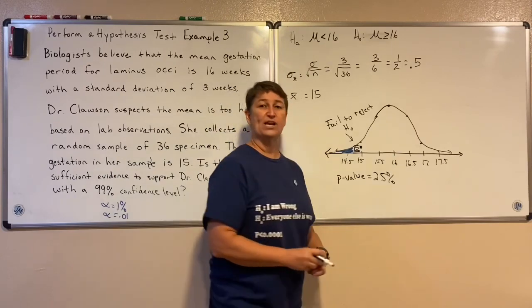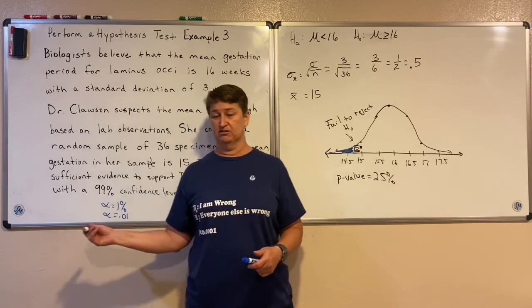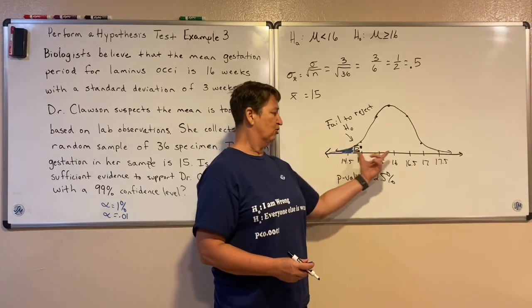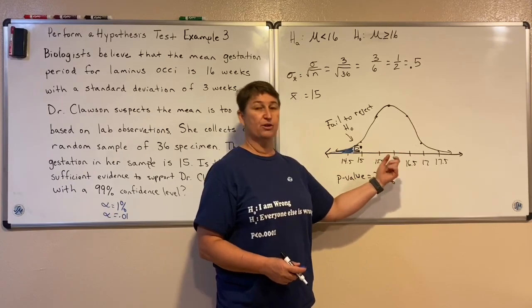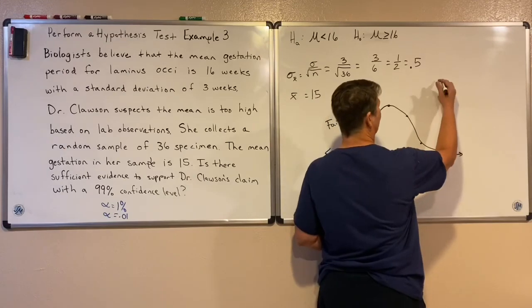So when we get ready to interpret this for our reader, we need to make sure that we include that confidence level, or that level of significance. Because if she had made her confidence level smaller, then maybe she would have rejected her null. But she had a high confidence level.